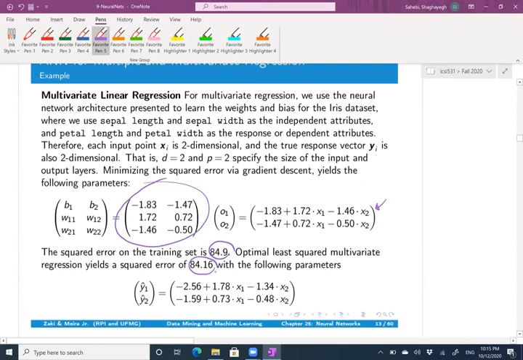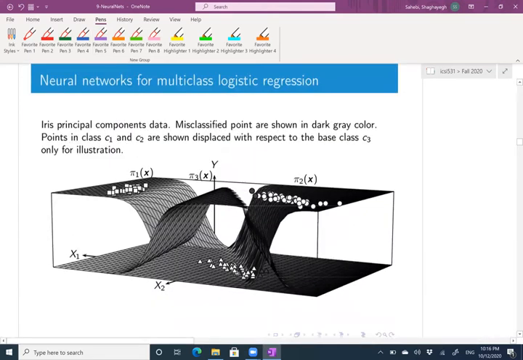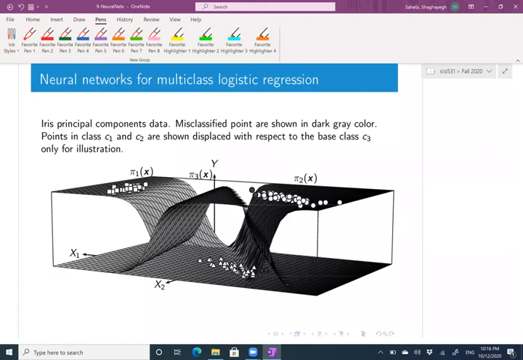So these are just demonstrations that these two, the neural network structure that we have seen and the linear regression or multiple regression, are going to be very close to each other. And this is a visualization for multi-class logistic regression.